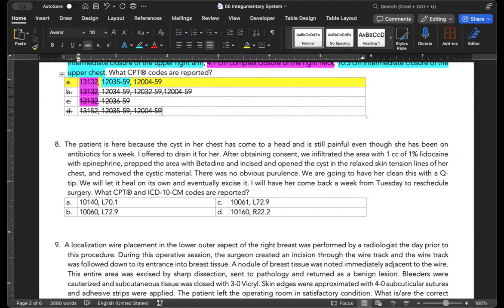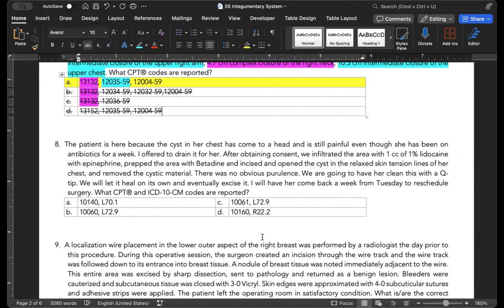There was no obvious purulence. We are going to have her clean this with a Q-tip. We will let it heal on its own, and eventually I will excise it. I will have her come back a week from Tuesday to reschedule the surgery. So what are we going to report for this scenario?